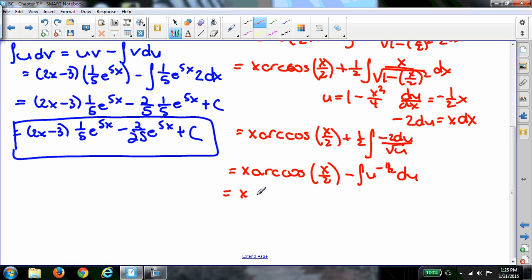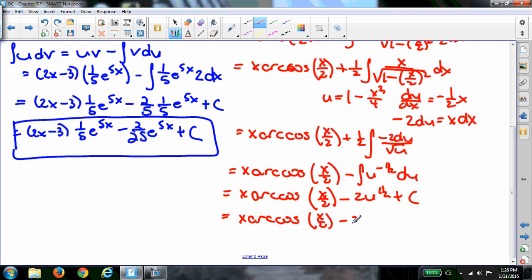So x arc cosine of x over 2 minus 2u to the 1/2 plus c, and then substituting the u that I used in this particular substitution, the final answer is x arc cosine of x over 2 minus 2 times the square root of 1 minus x squared over 4 plus c.